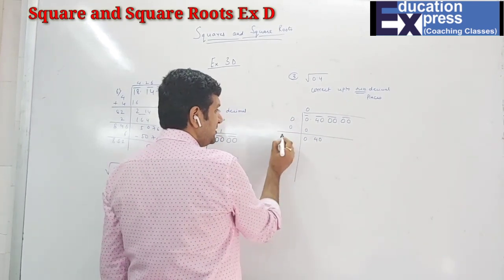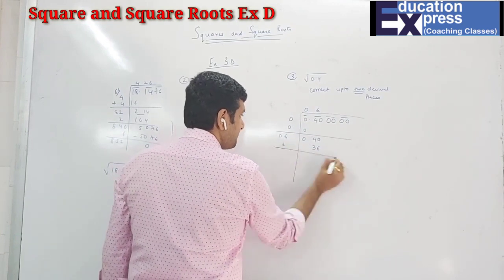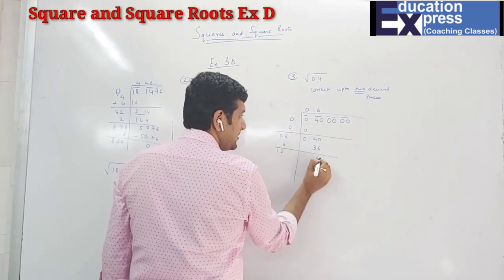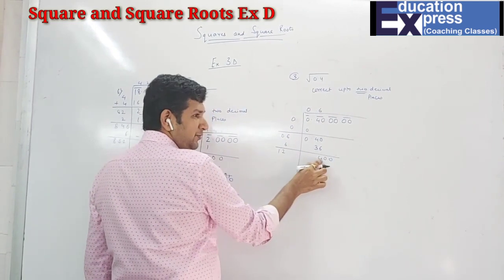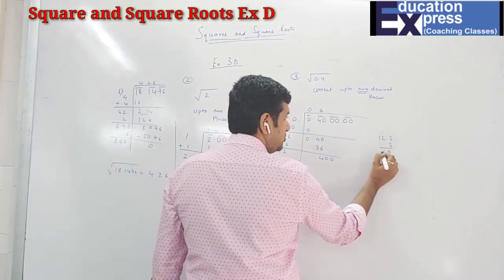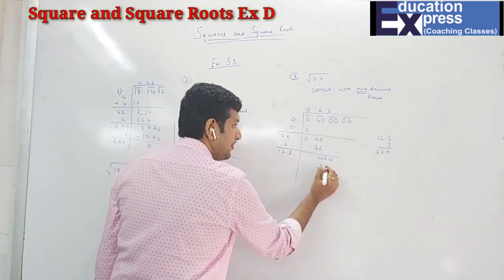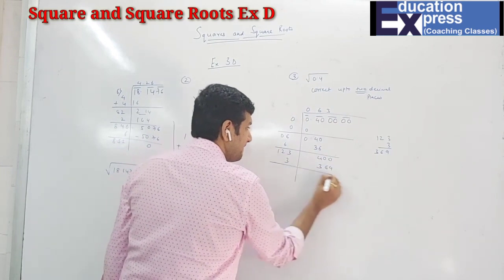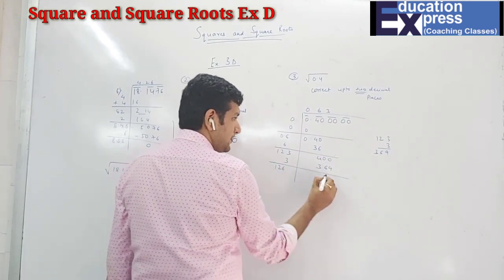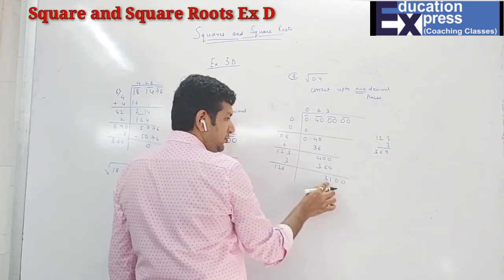6 6s are 36. Now 12 how much are? 12 3s are. So 1 2 3 into 3, 3 3s are 9, 3 2s are 6, 3 1s are. Yeah, it's going. Twelve 3s are 36, 12 2s are 24.